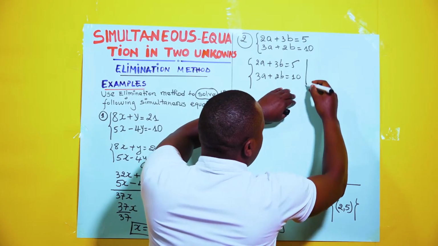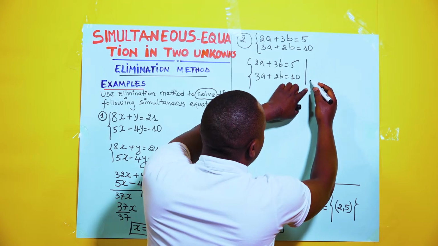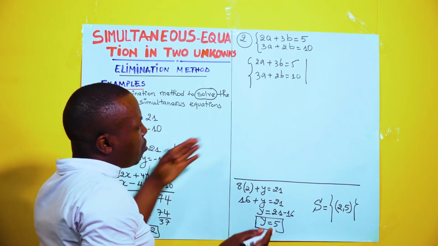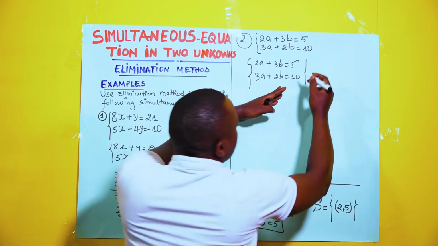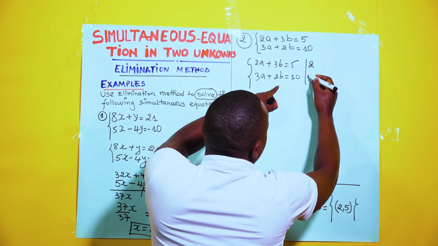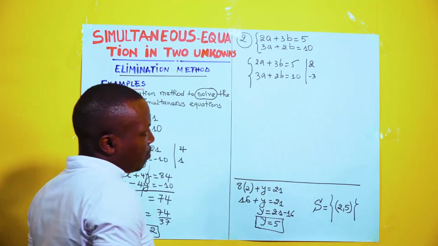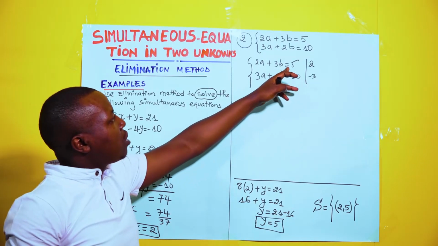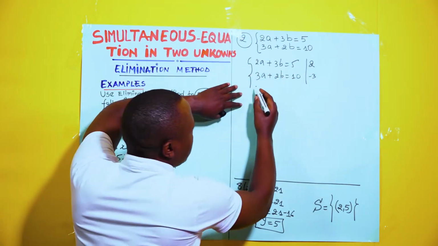So we are going to search for a number that we can multiply here and here, so that we can eliminate one of the variables. Let us choose to eliminate b. So it means here we can multiply by 2 here and by negative 3 here, isn't it? So when you multiply by 2, this first equation will be what?